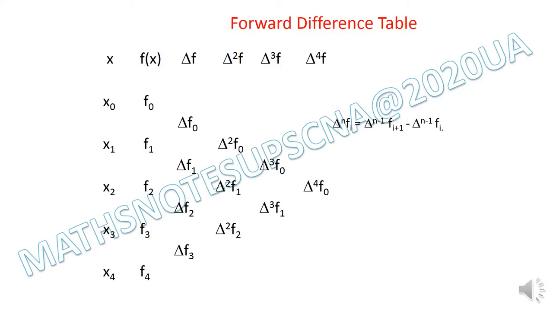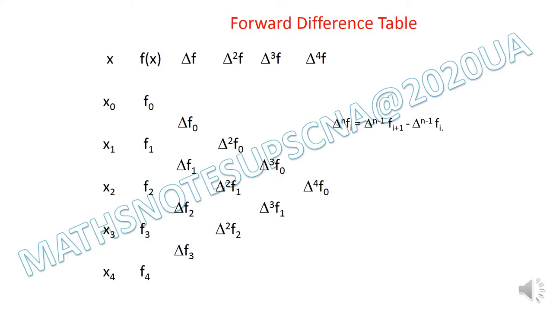Corresponding to x0 the function value is f0. We may write it as y also, since y is equal to f(x), so this will be y0. x1 has corresponding value f1, it may be y1, and so on. So x4 has corresponding function value f4, which may be written as y4 also.